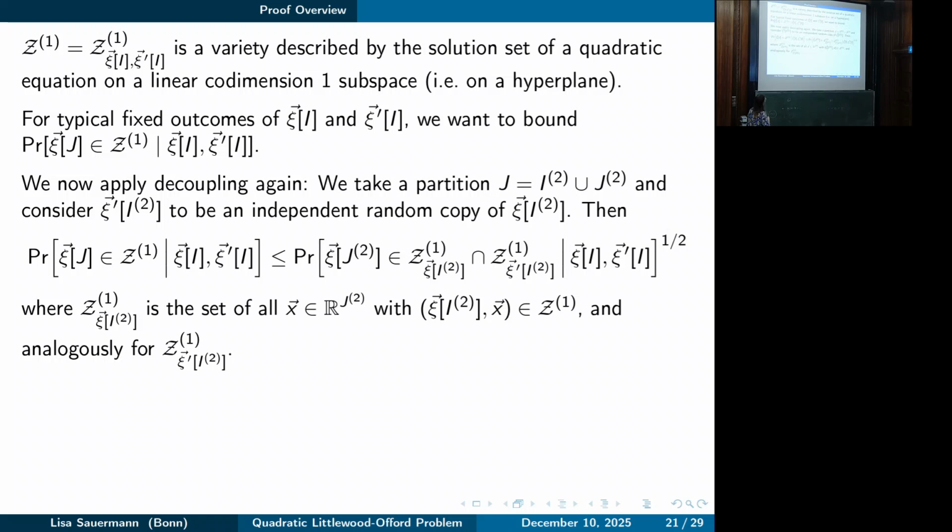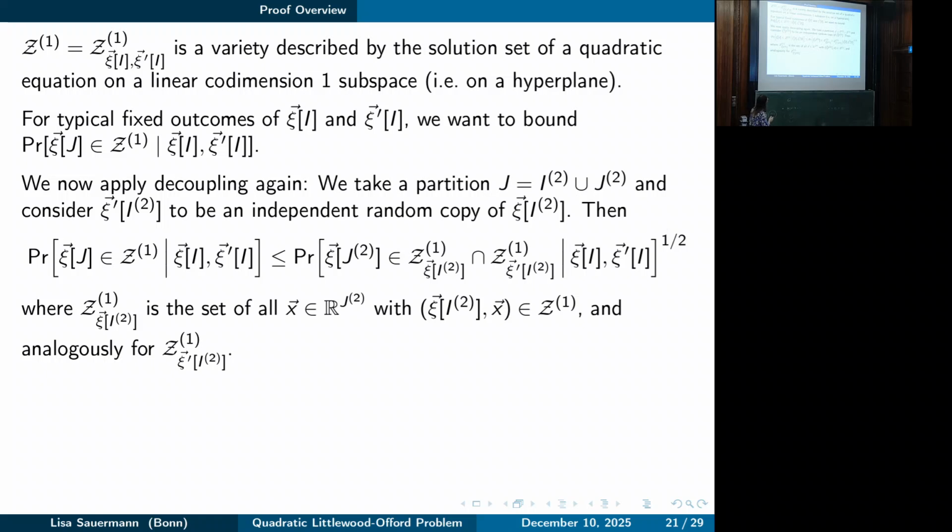Now, if we decouple again, the probability that this xi j lies in this variety is at most the probability that the j part lies in it, both with respect to the xi I2 and the xi prime I2. That was exactly what we had before, and then with this additional a half. That's again Cauchy-Schwarz, or alternatively arithmetic quadratic mean, whichever way you prefer.